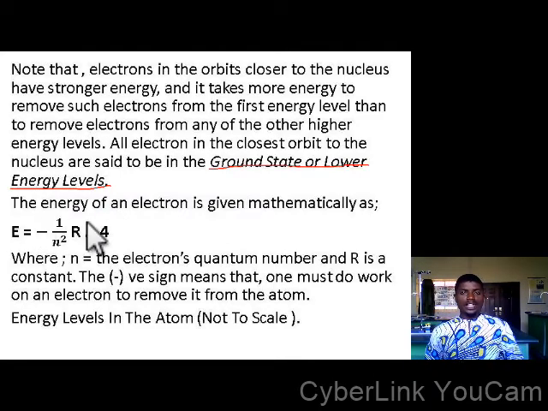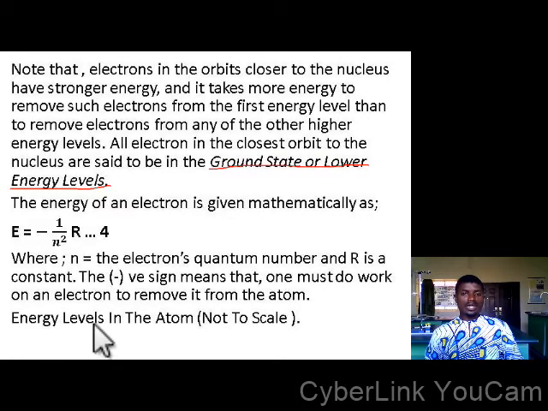So the energy of an electron is given mathematically as E equals negative 1 over n squared times R, where n is the electron's quantum number and R is the constant. The negative sign means that one must do work on an electron to remove it from the atom.